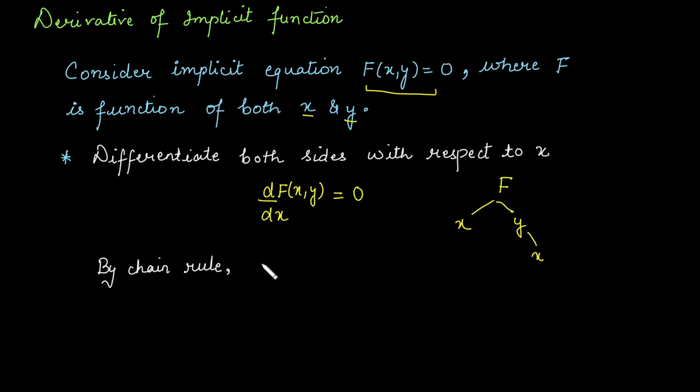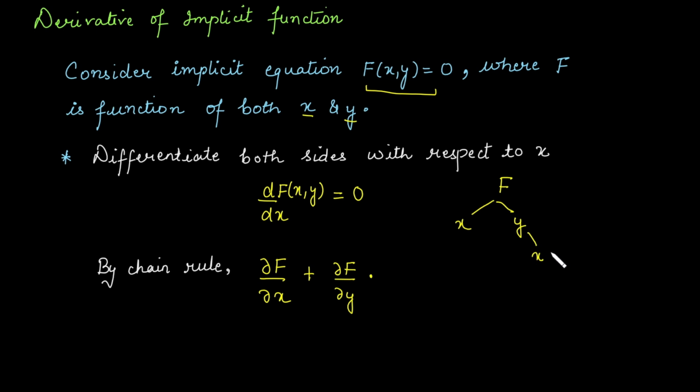According to the chain rule, we take the partial derivative of the function with respect to x, as it is depending upon two variables, plus the partial derivative of the function with respect to y into the derivative of y with respect to x.